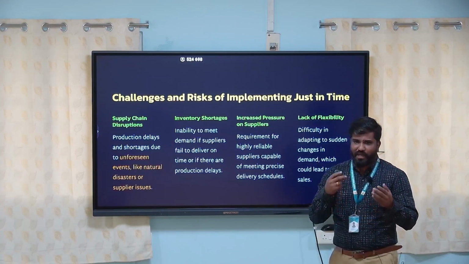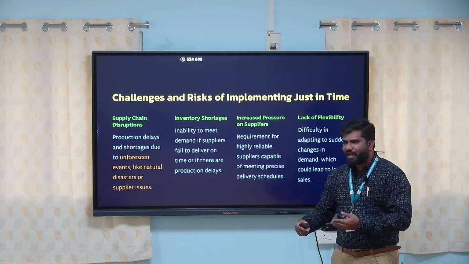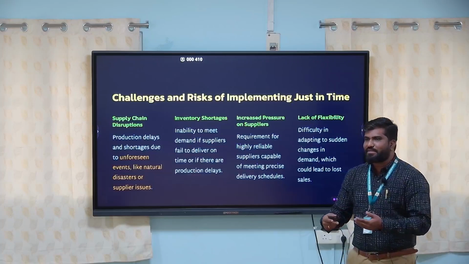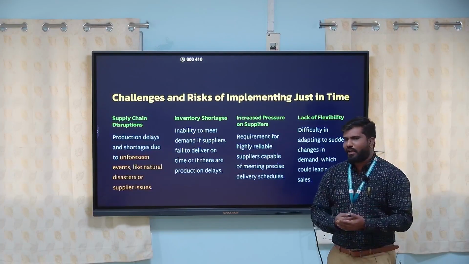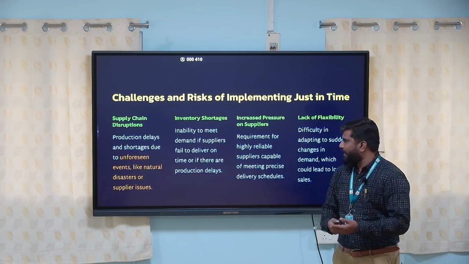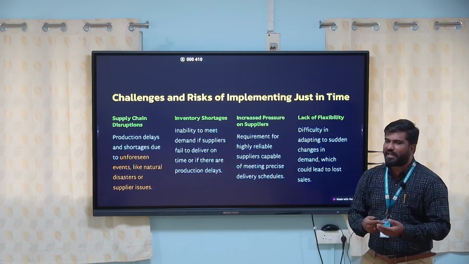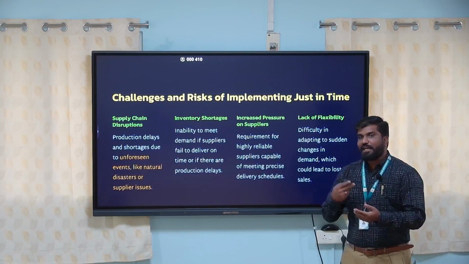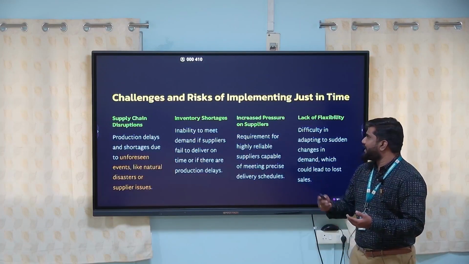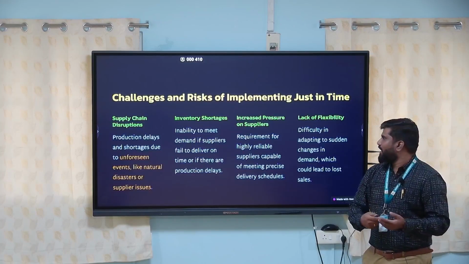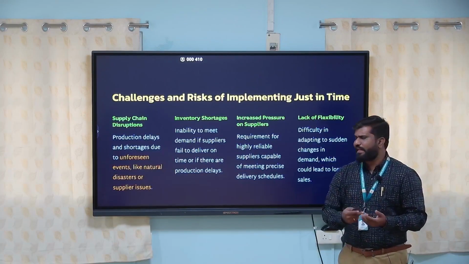As I said, we place the order for raw materials at the time of demand. When the time of demand comes, some problem could occur. For example, unforeseen events like natural disasters or supplier issues might happen, and that's a very big challenge. Then we might not get the raw materials on time, or inventory shortage, such as the inability to meet the demands, if suppliers fail to deliver for various reasons.